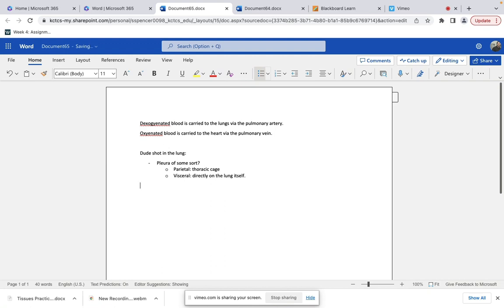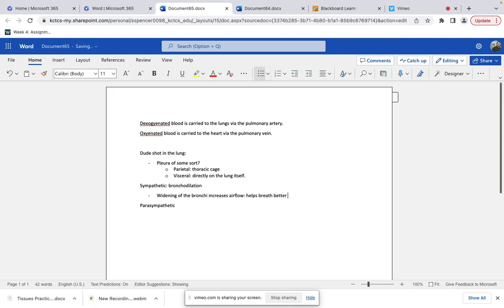We talked about, again, with the heart, the sympathetic and parasympathetic nervous system, but it's also implicated within the lungs. And I hope you guys remember this. Sympathetic nervous system is going to cause what? Bronchodilation, widening of the bronchi, increases airflow, helps breathe better.